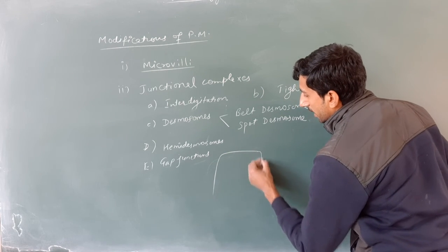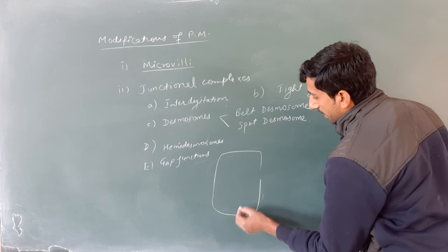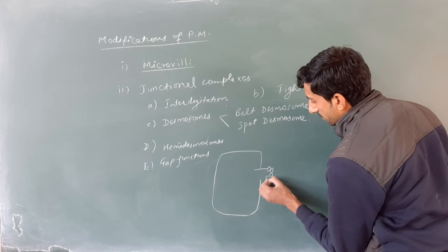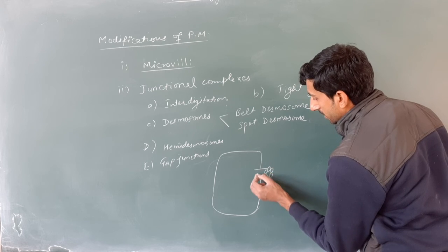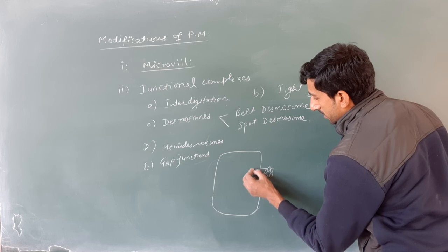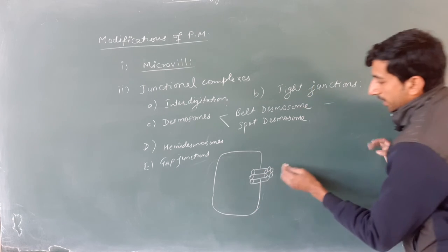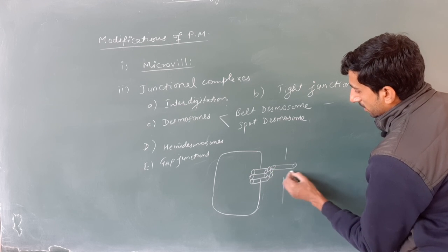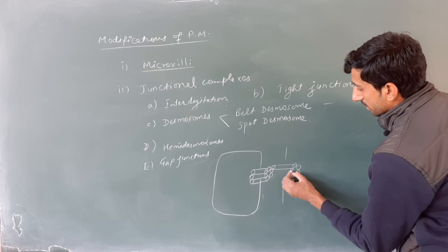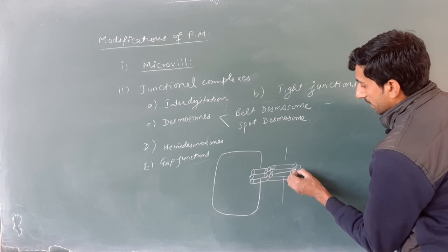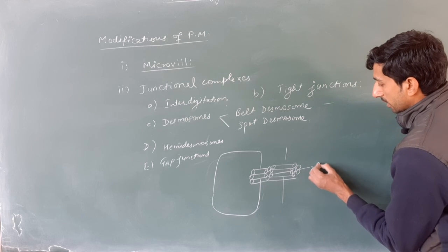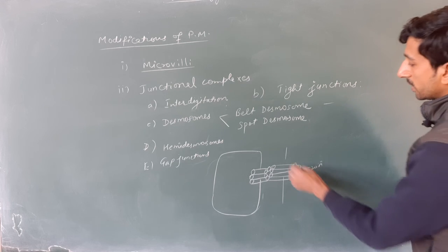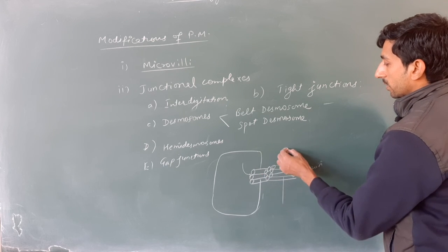For example, this is cell 1, and from this cell arises a tunnel which is formed of 6 subunits, 1, 2, 3, 4, 5 and 6, and another cell also has the same tunnel formed of 6 subunits, and these have a diameter of 20 angstrom, so this allows free passage of small molecules.